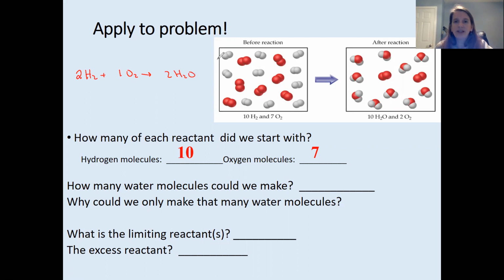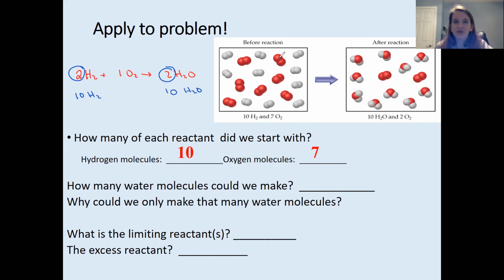So when we look at these ratios, for every 2 hydrogens, I can make 2 waters. So if I have 10 hydrogens, I could make 10 waters.